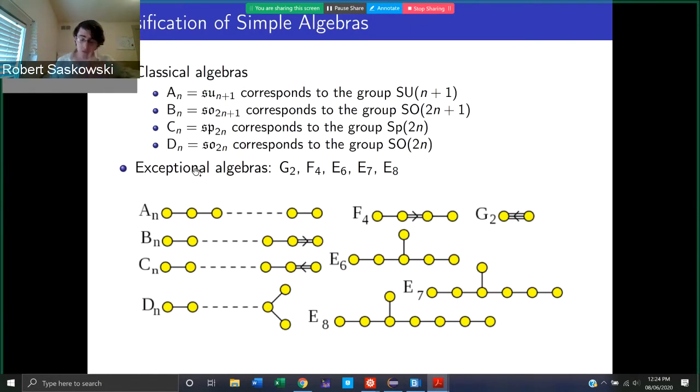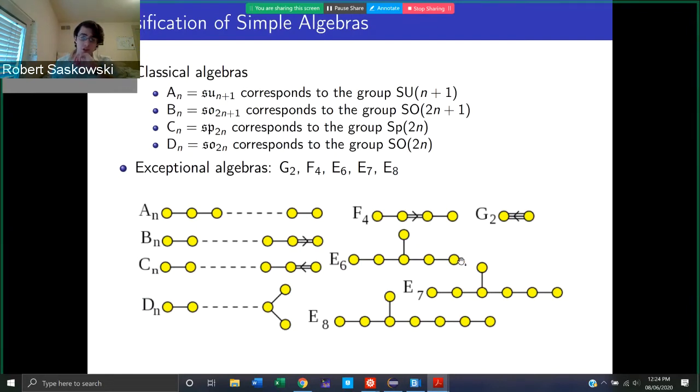However, there are also 5 groups that don't fall into this classical algebra classification scheme. And those are known as G2, F4, E6, E7, E8, where these numbers denote the rank of the algebra. And again, these n's also denote the rank. It turns out, interestingly enough, you can also define E3, E4, E5 simply as following this pattern. You notice you get 1 less dot on this tail over here on each of the E's.